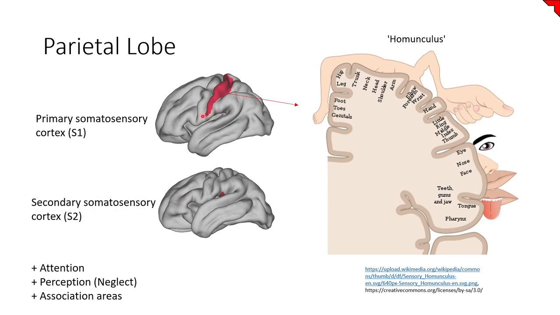And this primary somatosensory cortex receives information about different qualities. The first one is called the protopathic sensory information, which refers to pain and temperature sensation, and also the epicritical sensory information, which refers to the sensation of touch, a very fine-grained sensation, also the conscious perception of where your body is in space.